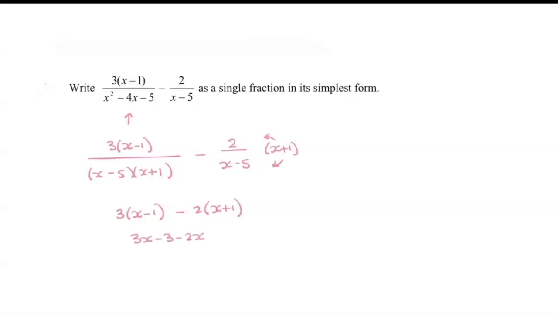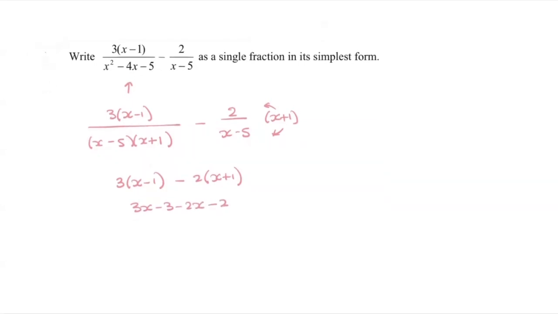And I'm just concentrating on the numerator here. I know what the denominator is, so I'm just going to focus in on my numerator. I'm going to expand those out, collect it all up, and I end up with x minus 5 as my numerator. Pop my denominator now in place. I can see top and bottom will cancel, leaving me 1 over x plus 1 as my final answer.